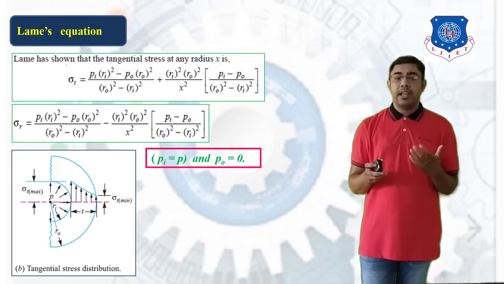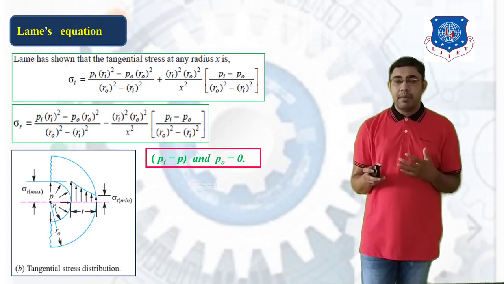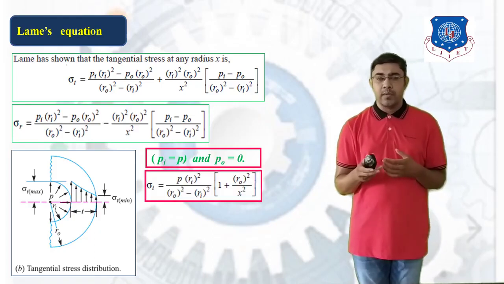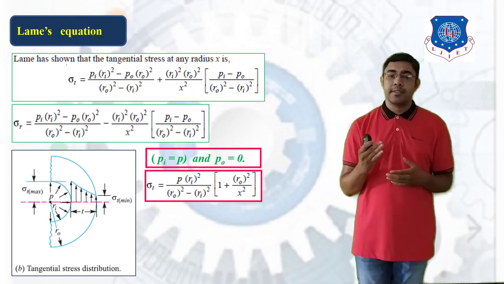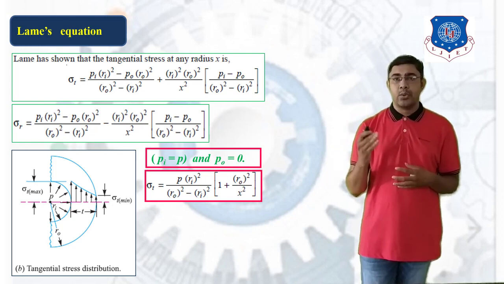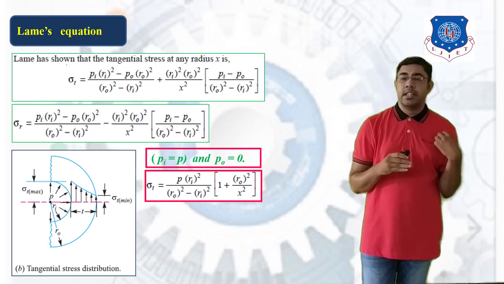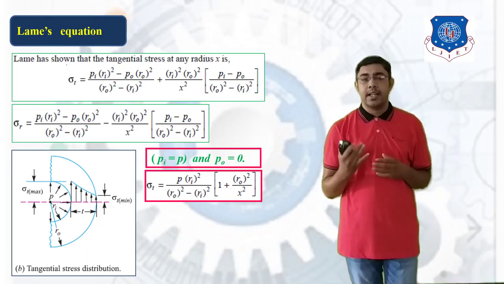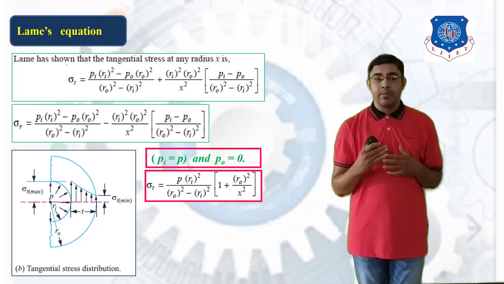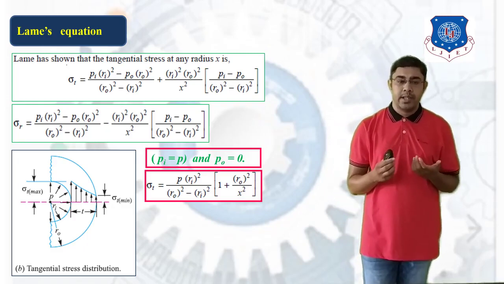Now if we apply these boundary conditions in the above equation, sigma T becomes P Ri square divided by (Ro square minus Ri square) into (1 plus Ro square divided by x square). This is the equation of tangential stress for our condition, a cylindrical cell subjected to internal pressure.